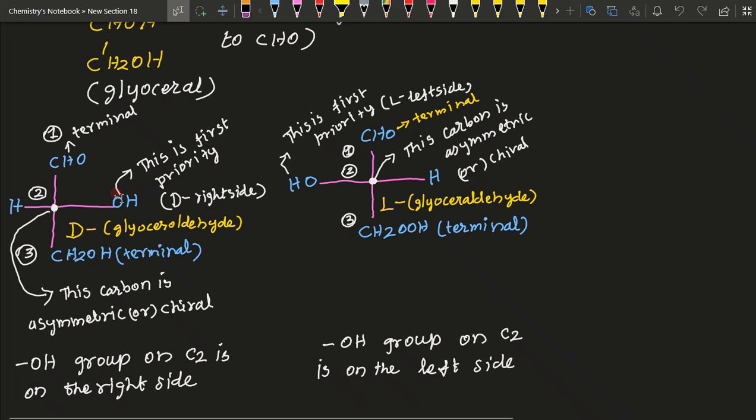So we give first priority to the alcohol, because oxygen, its atomic number is 8, is higher than the other groups. So first priority is given to the OH group, by atomic number. This is the first priority.